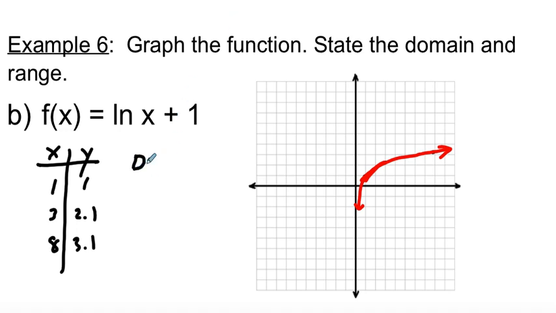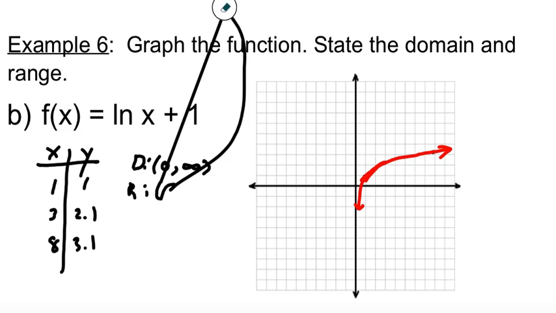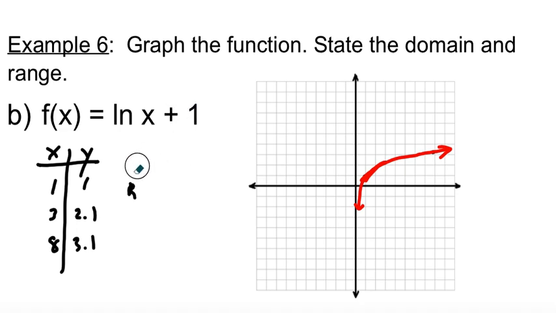So my domain here, left to right, doesn't go beyond 0, so 0, and it goes to the right forever, infinity. The range, bottom to top, goes to the bottom forever, that's negative infinity. Sorry, I'll just erase all that and start all over.